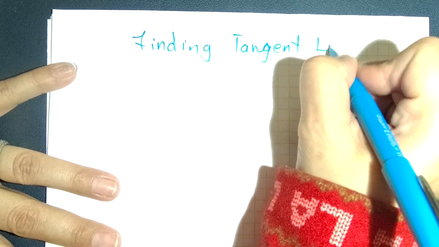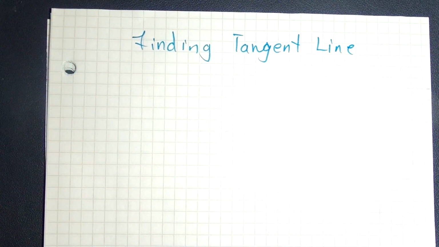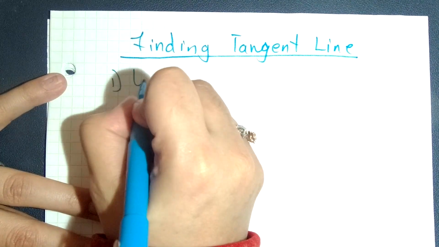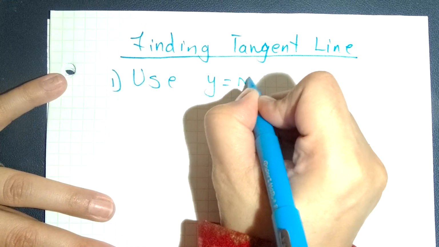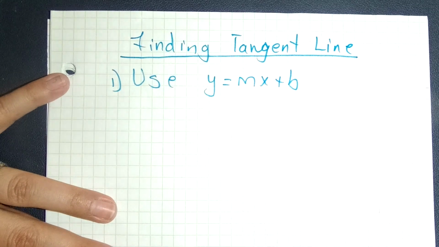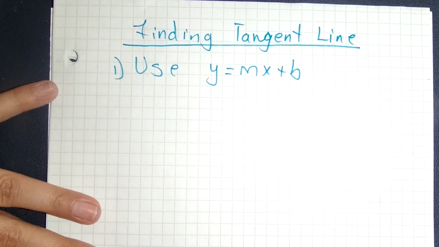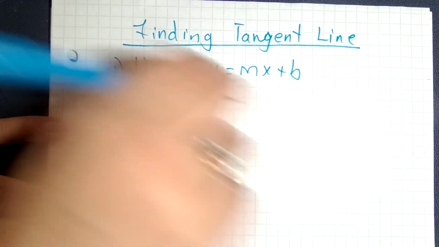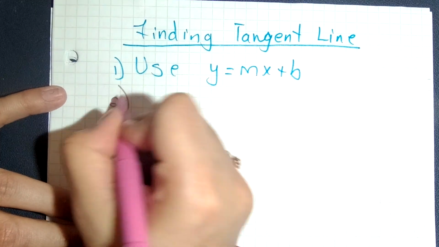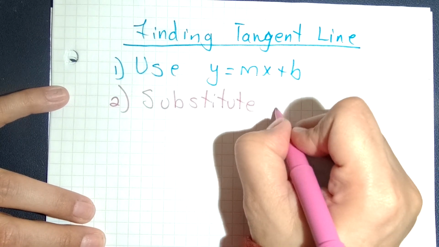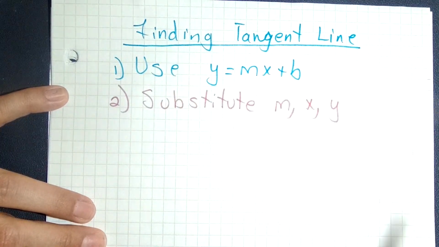The steps for finding the tangent line are exactly like we did in the do now. We're going to have our slope, our x, and our y. The first thing you're going to do is use y equals mx plus b. The second thing you're going to do is substitute m, x, and y.